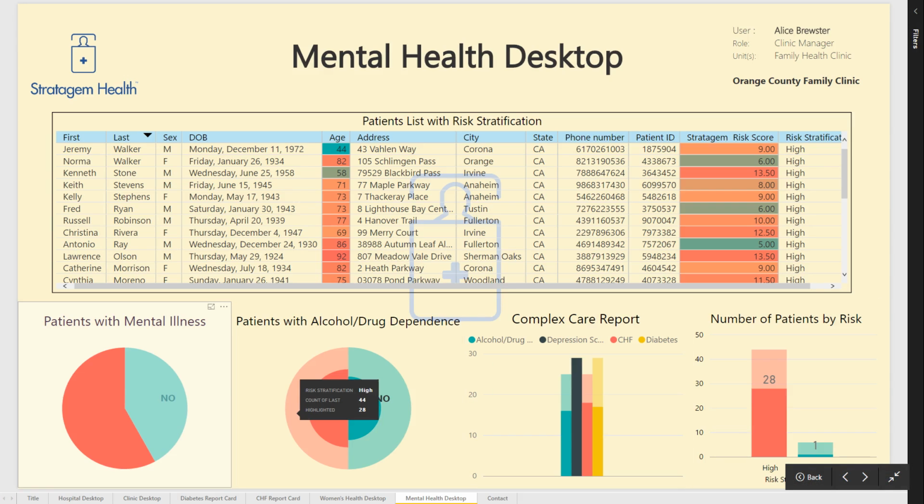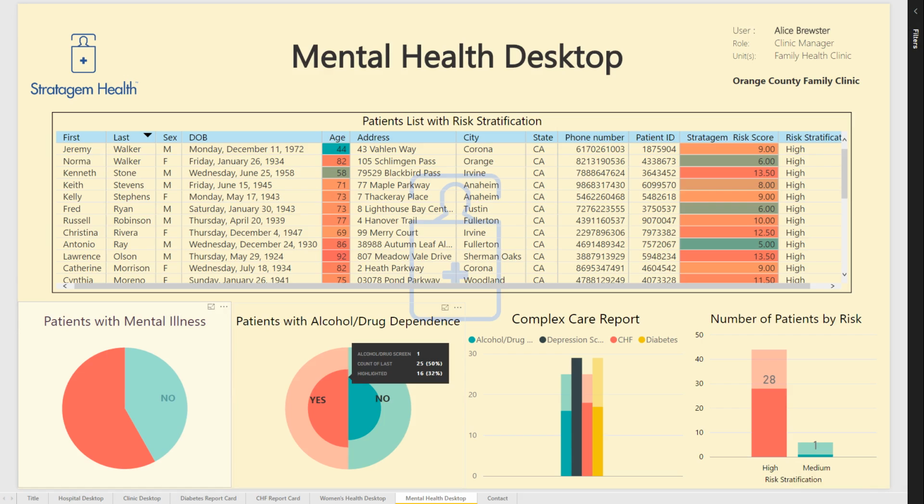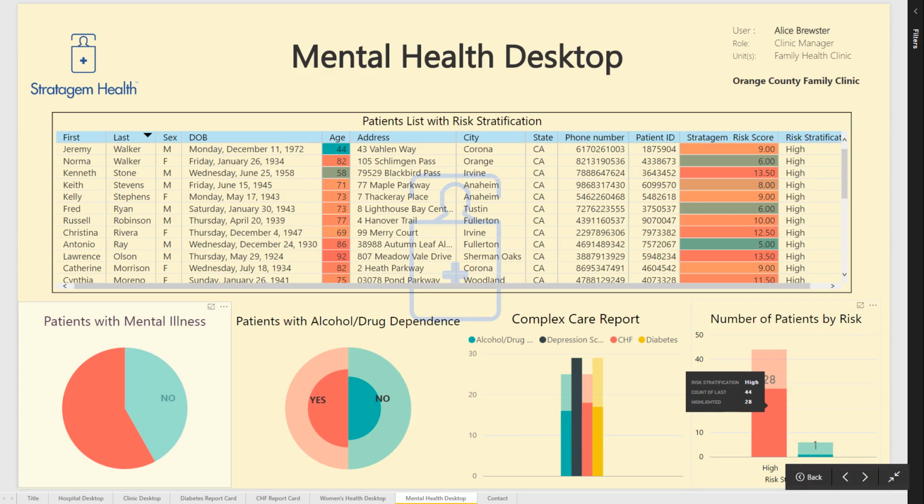And you can see that of the patients, for example, in this case with mental health problems, that 16 of them also have an issue with alcohol or drug dependence, and 18 of them have congestive heart failure, which puts in a significant percentage, 28 of them, at high risk based on the Stratagem risk score.